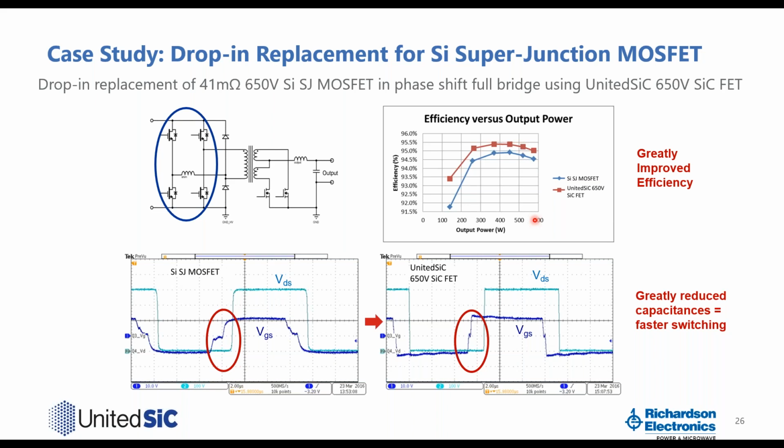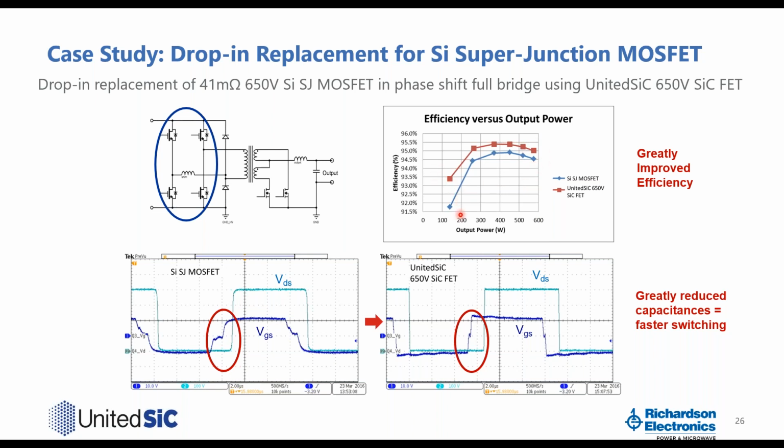Because this circuit is a phase shift full bridge, it means that it's a soft turn-on. There's very low or no EON loss. All the loss is turn-off loss and conduction loss. At high load, this loss is the combination of the conduction loss and the turn-off loss.